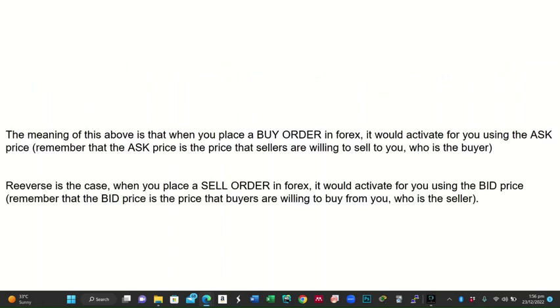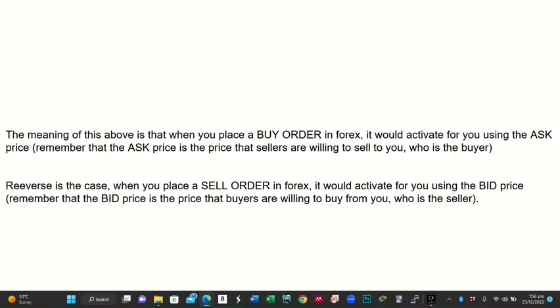So what the above means is that if you place a buy order in the forex market, it will activate for you using the ask price. Remember, the ask price is the price that sellers are willing to sell to you. Who is the buyer? You are the buyer here, and you want to place a buy order in the forex market. Here you are dealing with your broker.